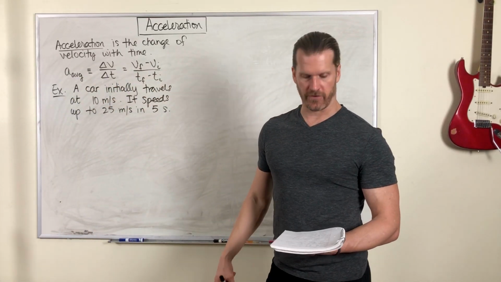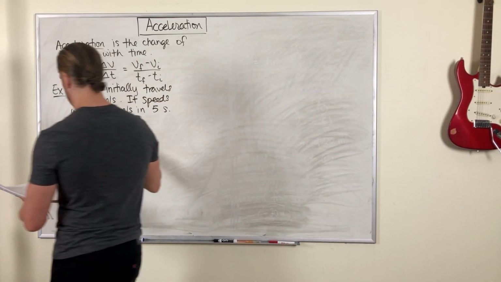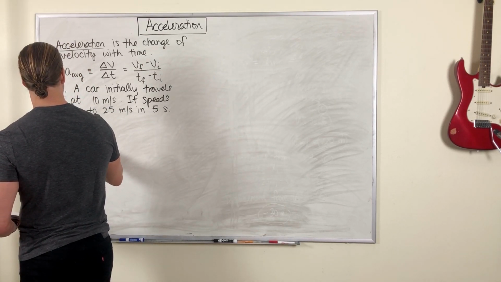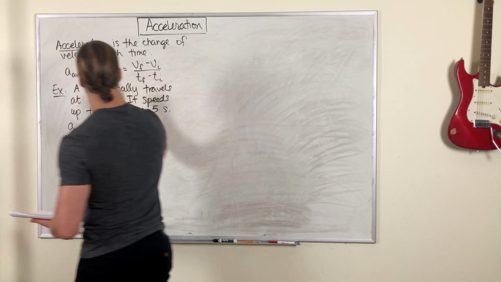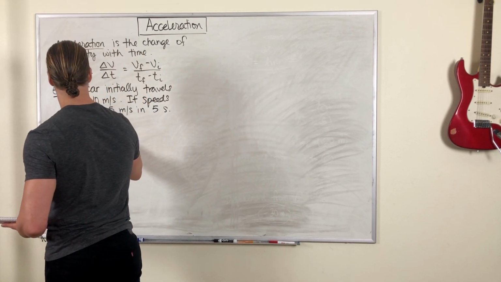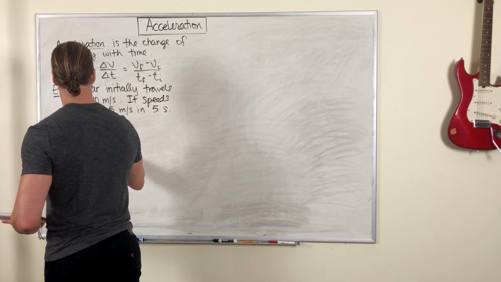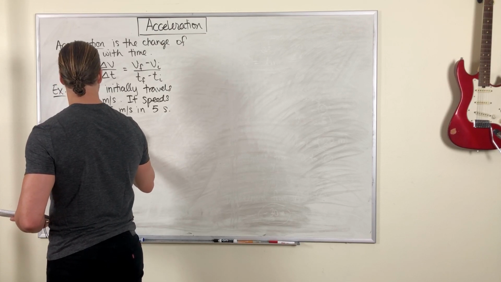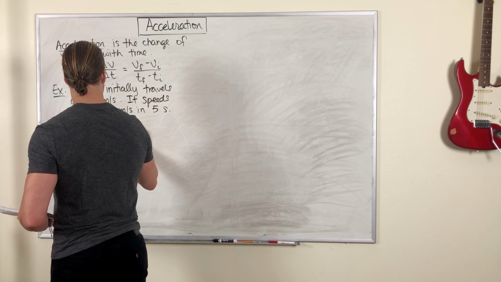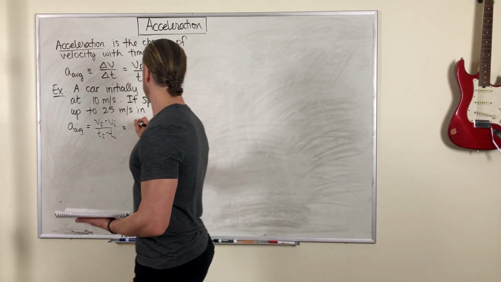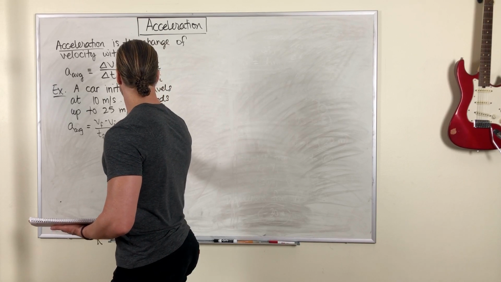Let's calculate its acceleration. So the average acceleration of this car is delta V over delta T, or V final minus V initial over T final minus T initial. That final velocity was 25 meters per second.